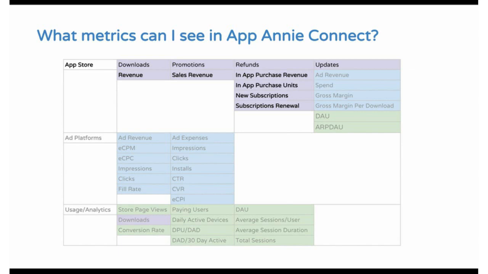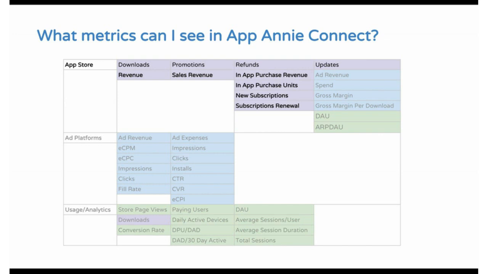Alright, so today our main focus is on setting up the App Store on the App Annie Connect product. So what we will want to achieve at the end of the day is for you to get access to your downloads data, keeping in mind that downloads here are installs by unique users. You'll also get access to your promotional downloads, which are basically downloads usually made through the volume purchase program in iTunes Connect.